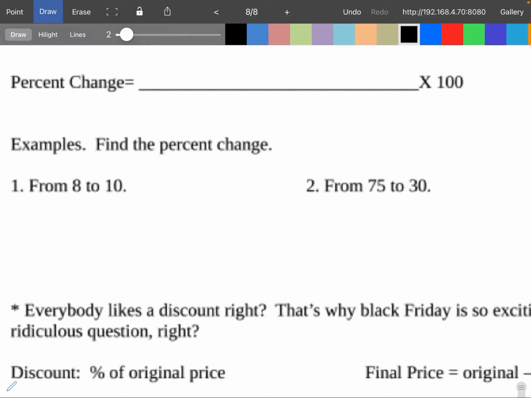Actually, let me erase this again. Let me use this line here as my fraction bar. So again, this is going to be new minus original over the original.